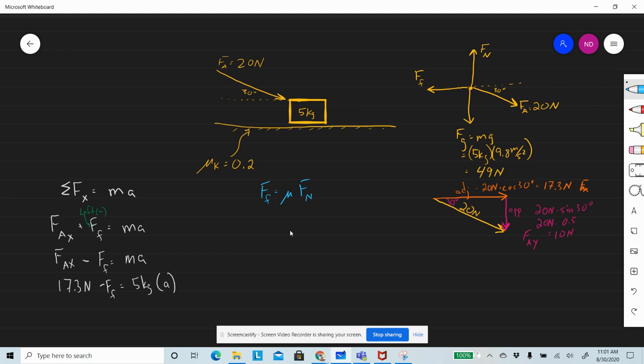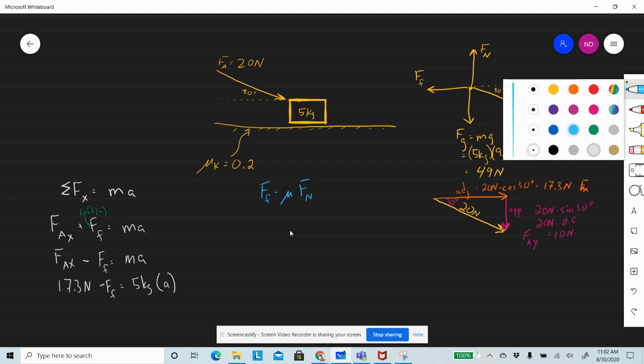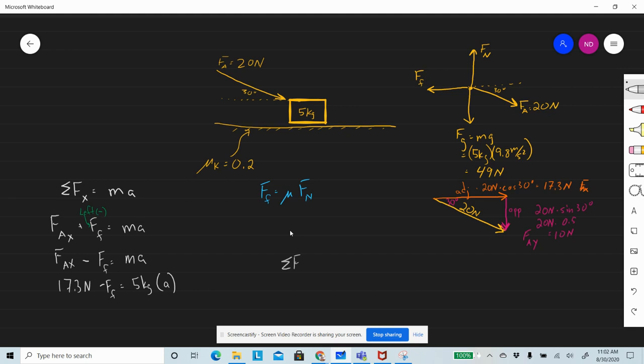We know mu, but we don't know the normal force, so we can't calculate the force of friction until we know it. The normal force is in the y direction. So before we can do this, we have to do the sum of the forces in the y direction.